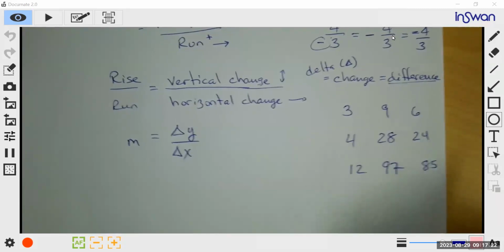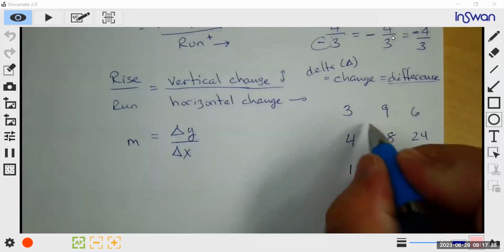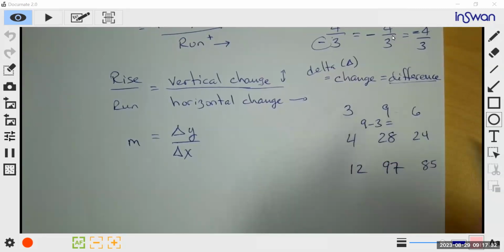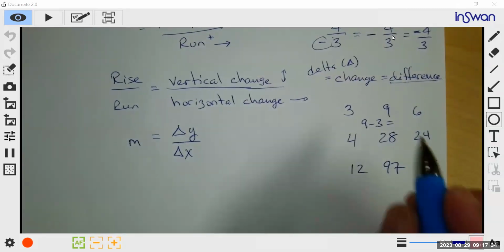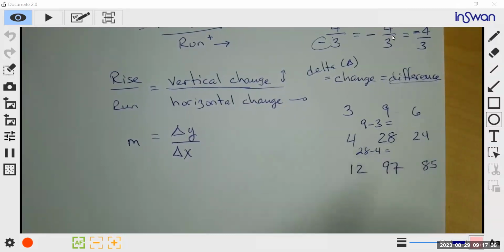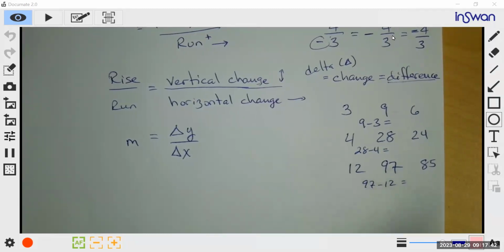How'd you get that? Exactly. So to get the first one, you took 9 minus 3, you got 6. 28 minus 4, got 24. 97 minus 12, got 85.